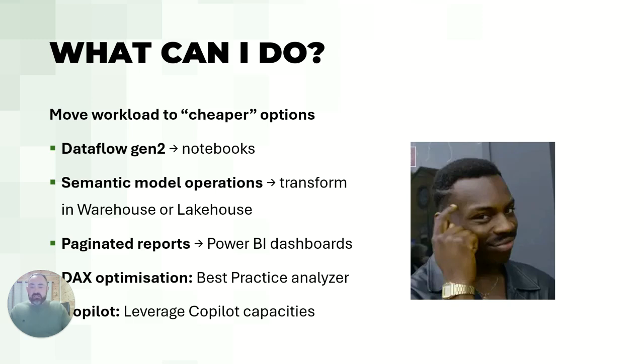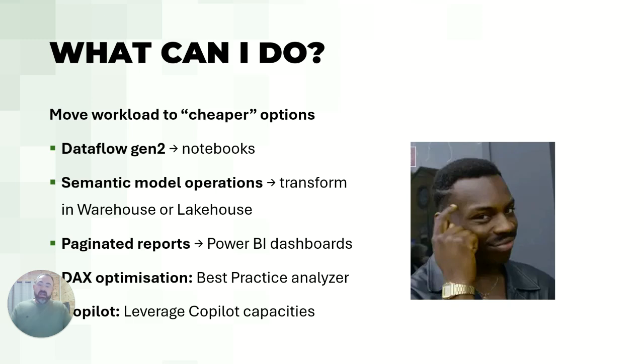Semantic model operations. So we want all of our transformations to happen in the warehouse or lakehouse, and then use direct lake to optimize our models. The paginated reports, try and get people to move to Power BI dashboards. It's a hard ask for a lot of people, but that's where you're going to feel optimization.